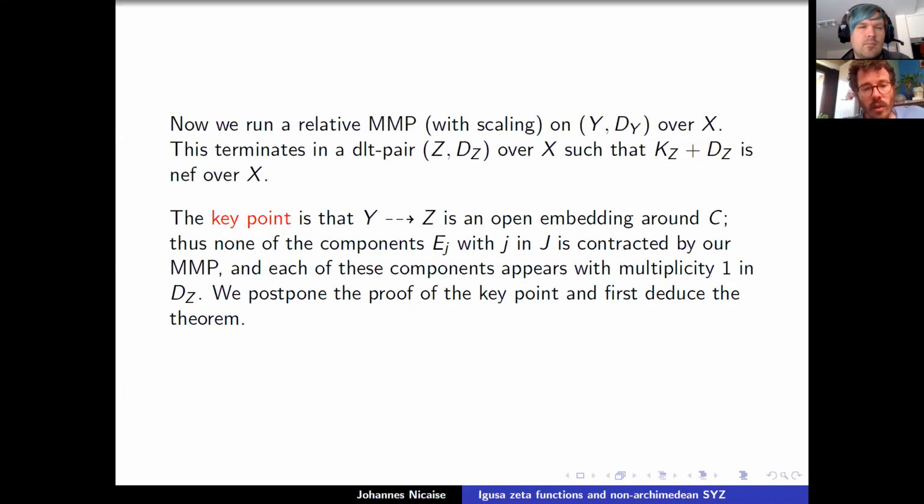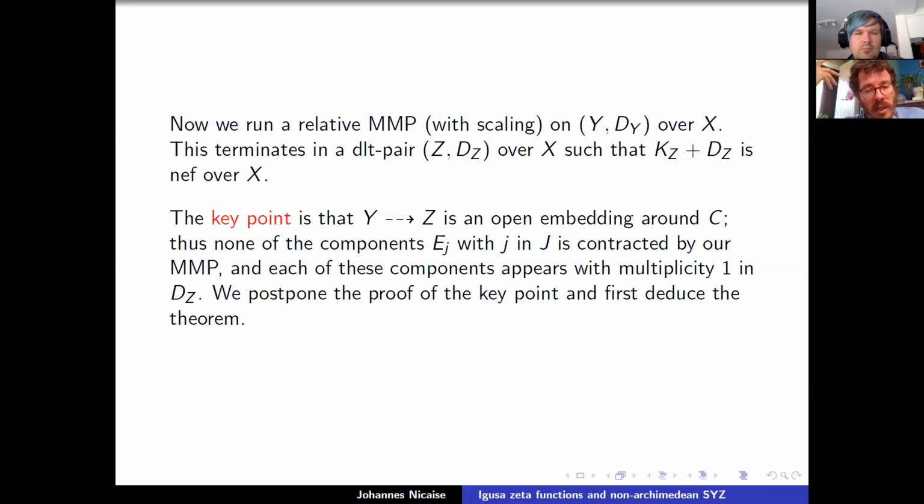So the key point of the proof is the fact that running this MMP, so passing from Y to Z by means of a birational map, does not affect this connected component C of the intersection of the components E_j.